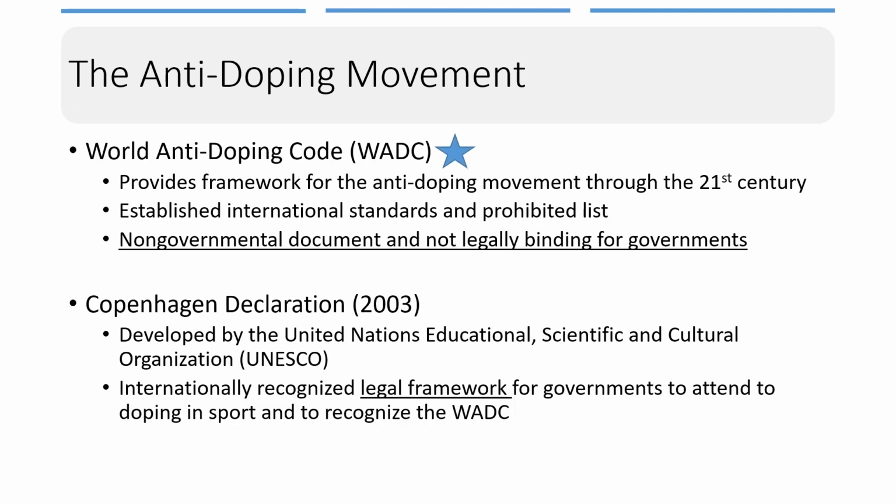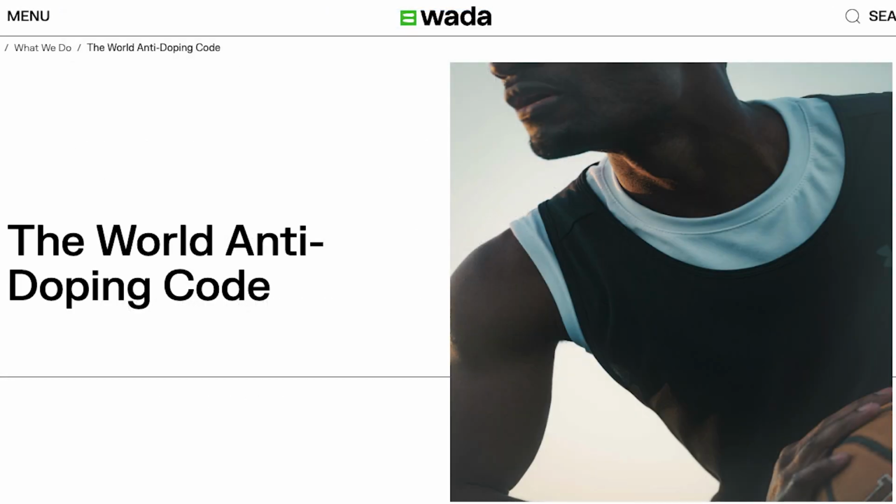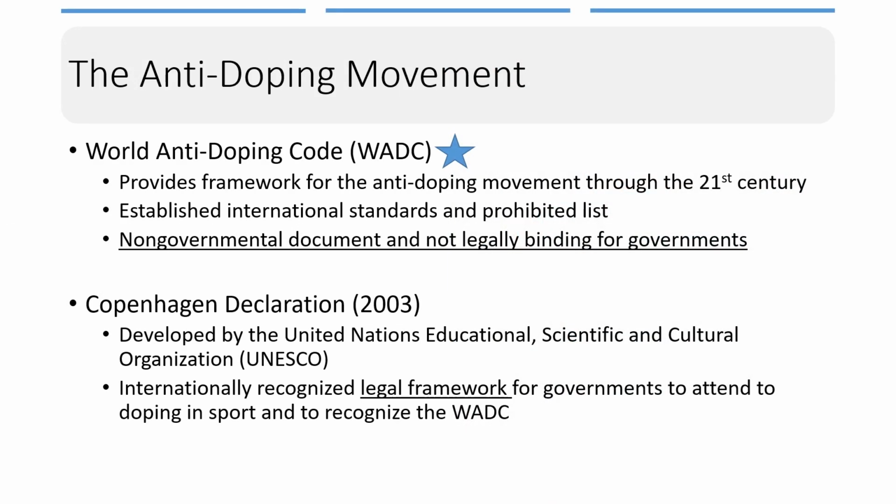Along with the establishment of WADA, there is also the accompanying code, right? The World Anti-Doping Code, or WADC, is a comprehensive code that lays out the international standards and a list of prohibited substances and methods essential for maintaining the integrity of sports competition.